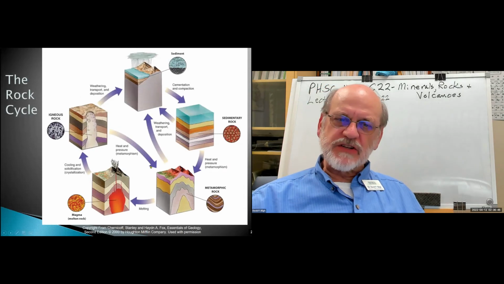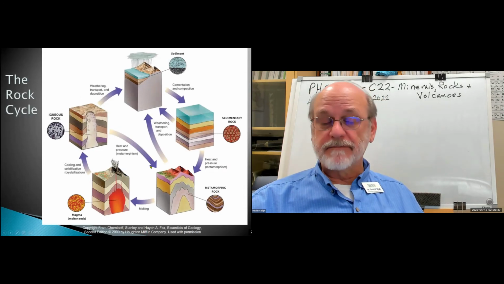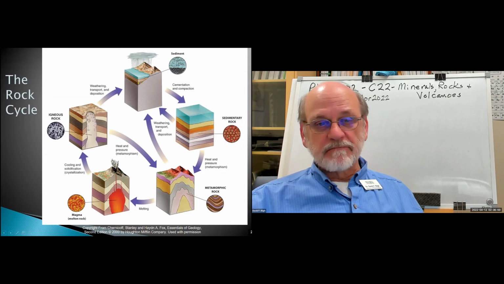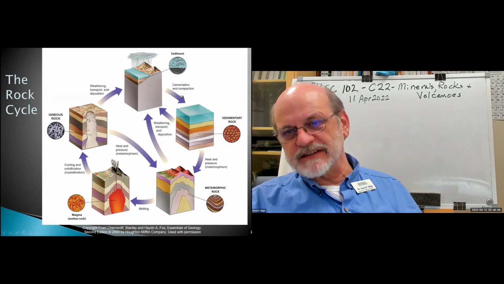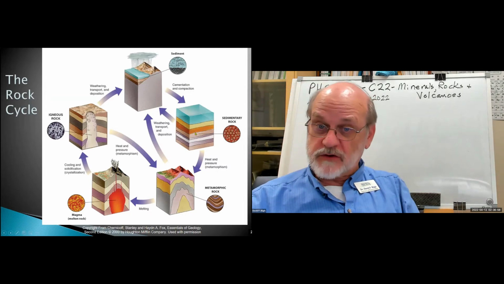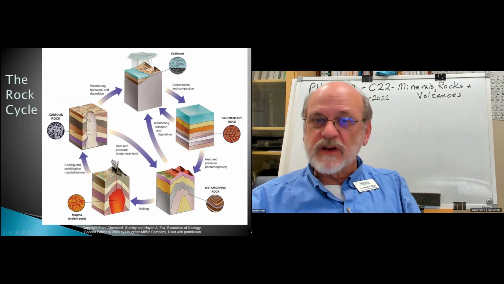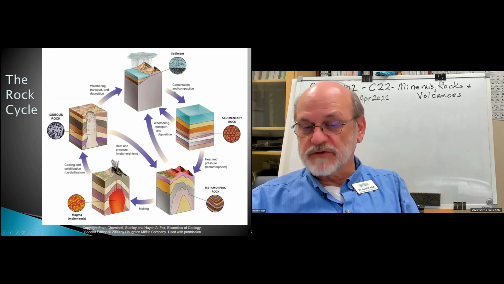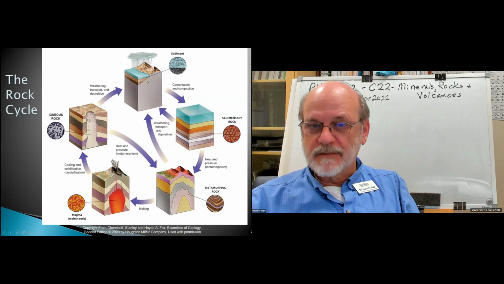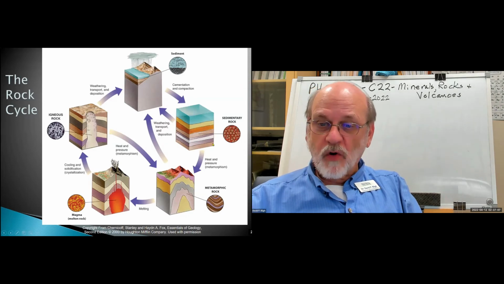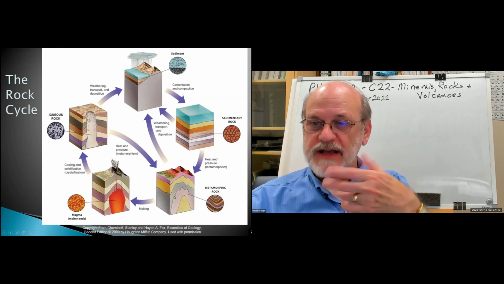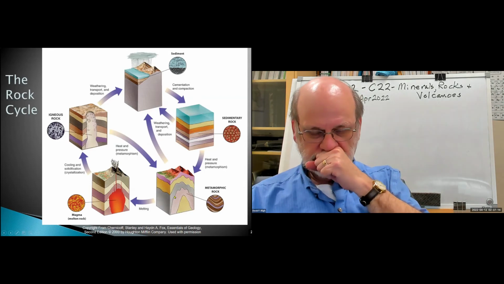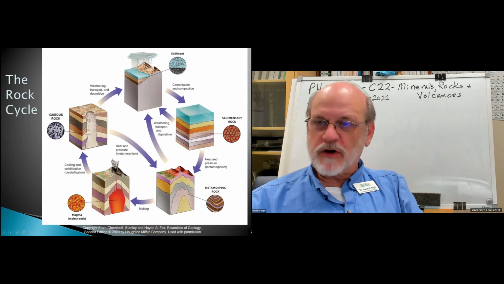This is a representation of the rock cycle. Okay. So you can see we've got sedimentation occurring up here. And then if it gets buried and cemented and compacted, we can form sedimentary rock. We can weather it and go back up to the starting point. Or we can heat it under pressure and metamorphose it. We can melt it. Now we're going to make igneous rock.